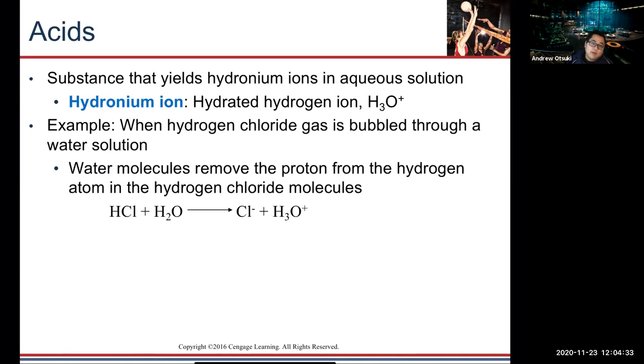It's very useful. But anyway, the hydronium ion forms by this reaction right here, but do not worry about the reaction for now. We're just going to talk about naming acids. This is just an introduction.